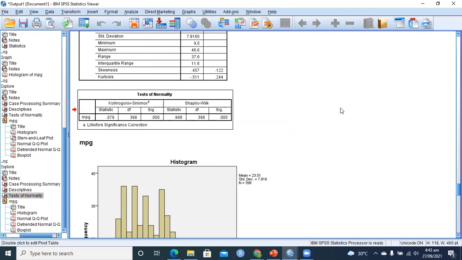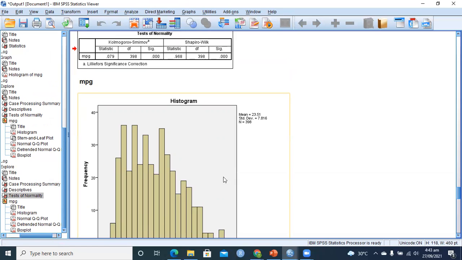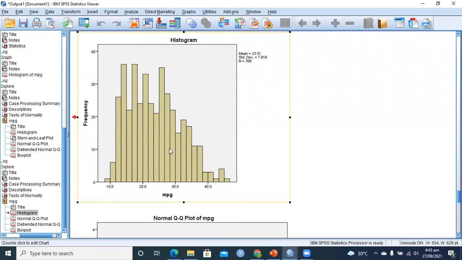Hence, we cannot apply a t-test on this variable because it is not normally distributed. We can apply a t-test only if we transform this variable in a way that the histogram converts to a bell-shaped curve.